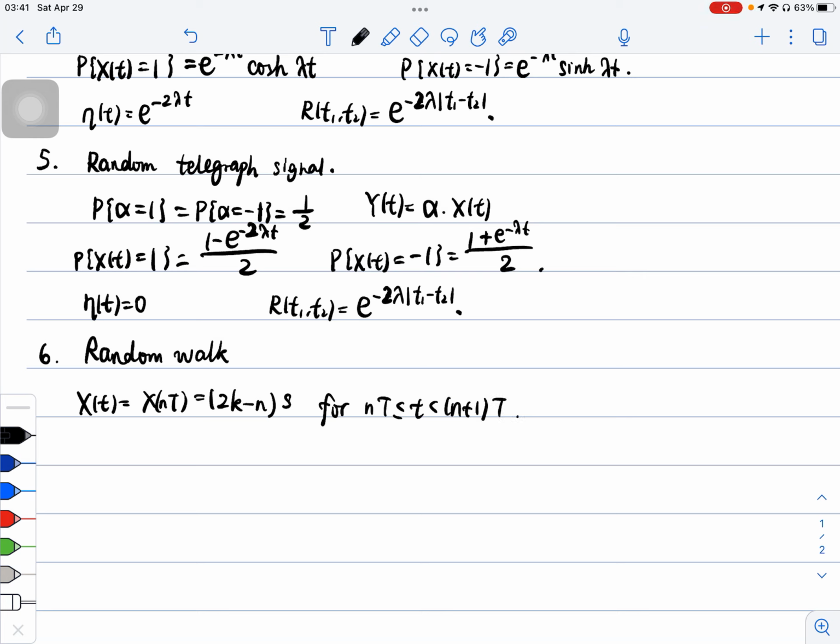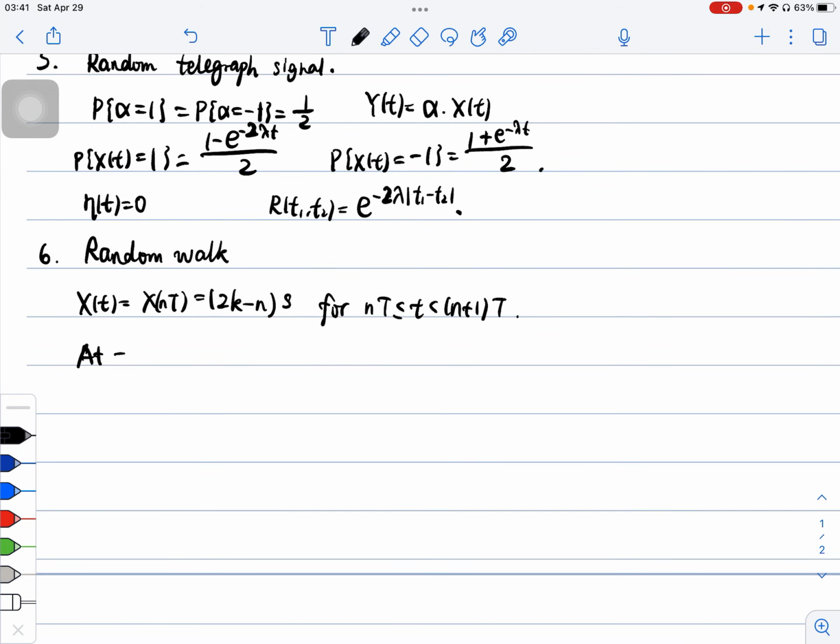At t equals iT, we define a random variable Yi equals s if the coin is head, or minus s if the coin is tail.